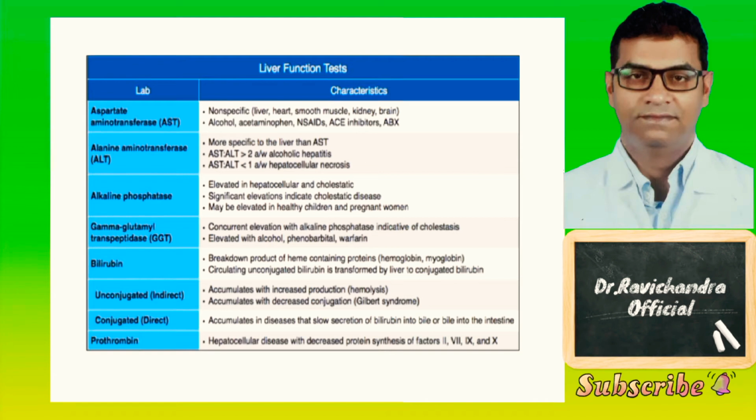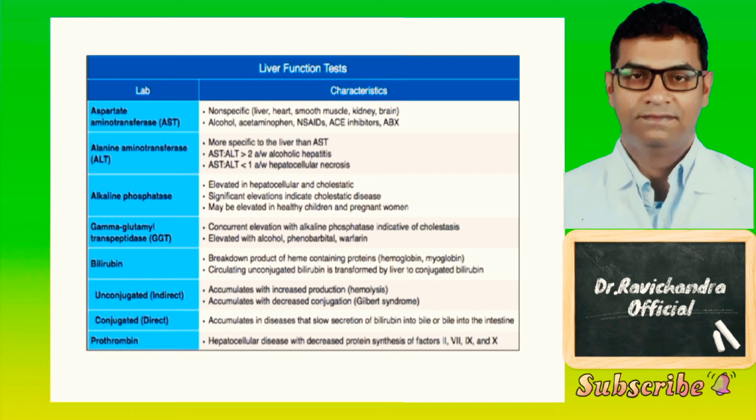Bilirubin is a breakdown product of heme containing proteins, hemoglobin and myoglobin, and the circulating unconjugated bilirubin is transformed by the liver to conjugated bilirubin by the process of conjugation. Unconjugated or indirect bilirubin accumulates with increased production or hemolysis, and with decreased conjugation as in Gilbert syndrome.